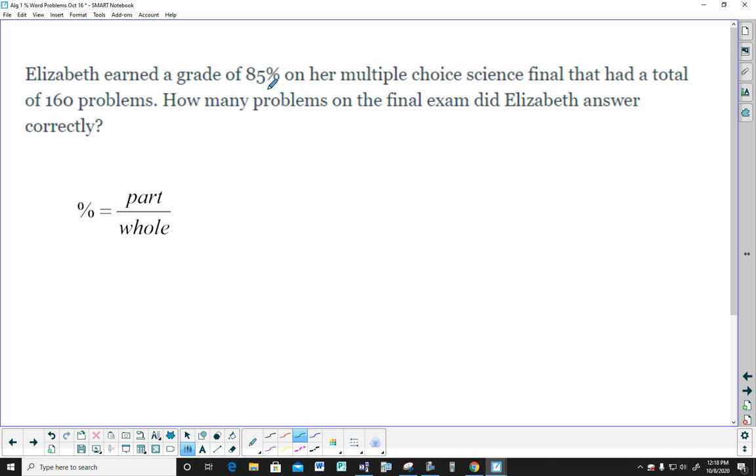Elizabeth earned 85% on a multiple choice science final that had a total of 160 questions. Total. So that's the whole. How many problems on the final did she answer correctly? Okay. So that's the part, but it's a variable because the percent is always on the other side, 85%.